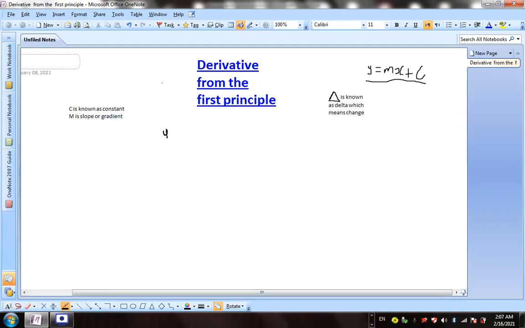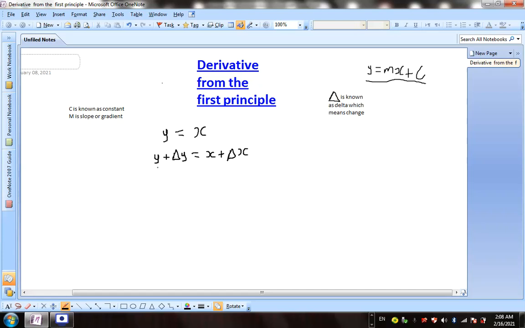Now we have y is equal to x. And let's take the change in both sides. Here we have y, add increase to the y, we have y plus the increase in y, which is equal to x plus increase in x.